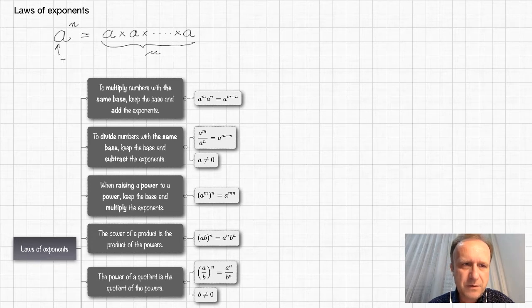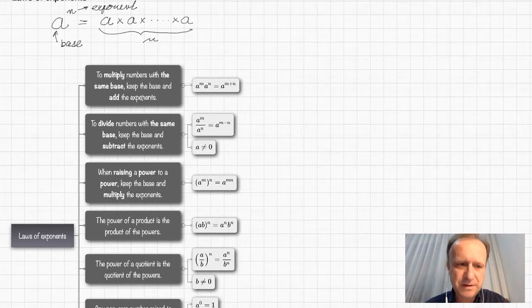A here is called the base and n is called the exponent, or sometimes we call it an index or a power. This understanding of the power is essential for what follows. Now let me start with these laws.